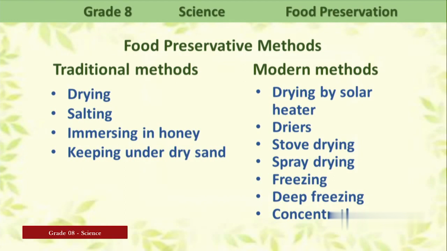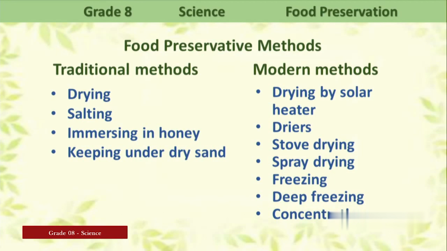Then dryers. Third one, stove drying, where the food substances are dried in stoves. Spray drying is widely used in the production of milk powder. And freezing, the best method of preserving food items while controlling the temperature.